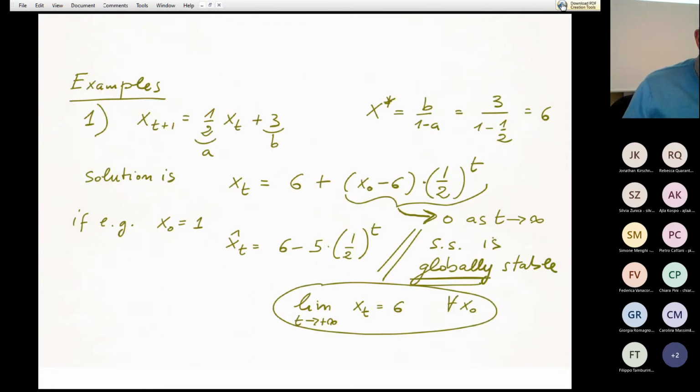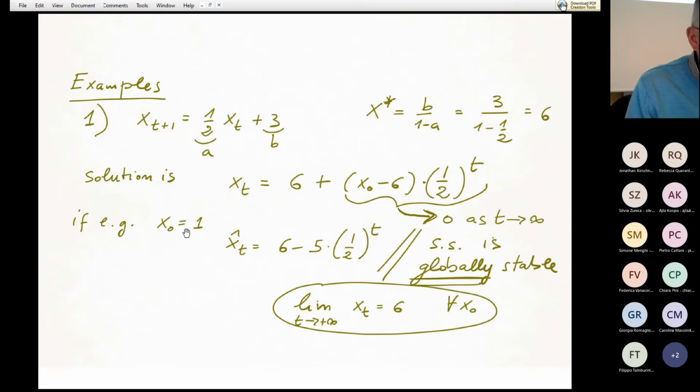So here are two more examples. Xt plus 1 is equal to 1 half xt plus 3. Compute the steady state. B over 1 minus A is 6. The solution is 6 plus x0 minus 6 times 1 half to the power of t. Probably it is the same example, I don't know.